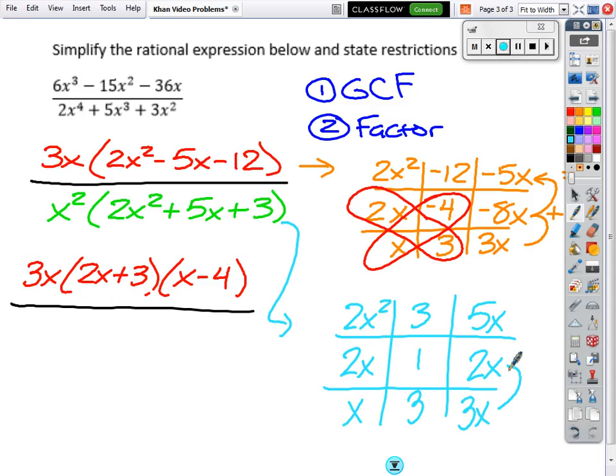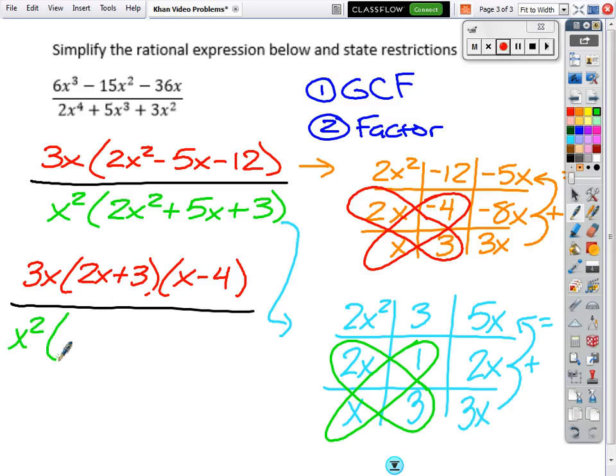And again, these two terms add to equal my 5x. And thus, we have now factored this bottom. Again, I have to crisscross in order to determine my factors. So we can now write it as x squared times the quantity of 2x plus 3, since it's a positive 3, and x plus 1, since it's a positive 1.